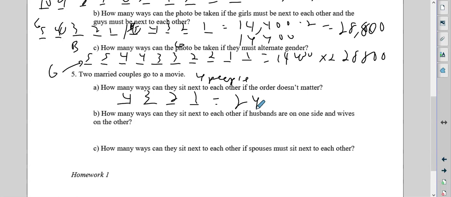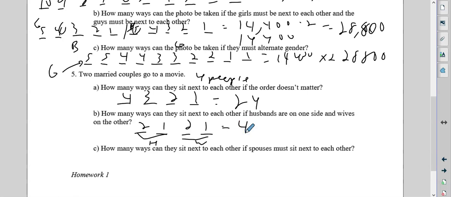How many ways can they sit next to each other if husbands are on one side and wives are on the other? Well, again, we have this. Let's say this is husband and this is wives. That's 2, 1, 2, 1. So that's 4.